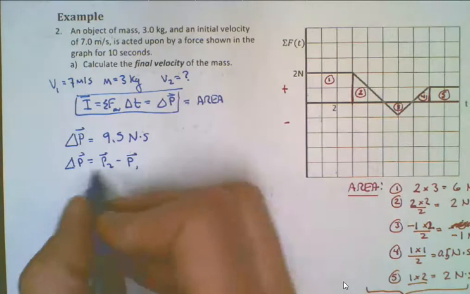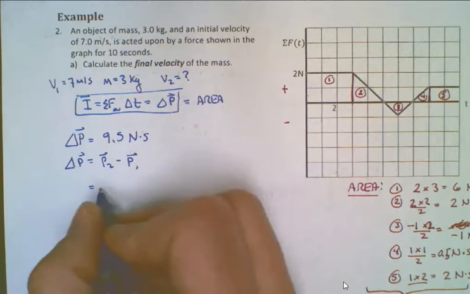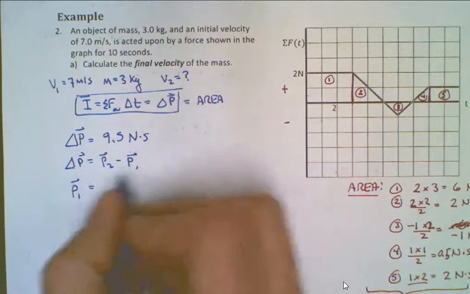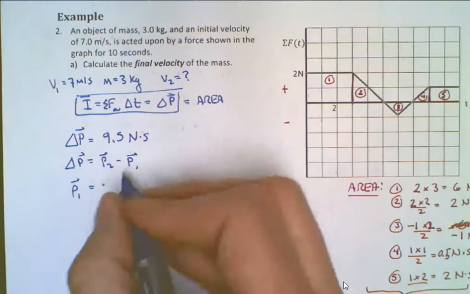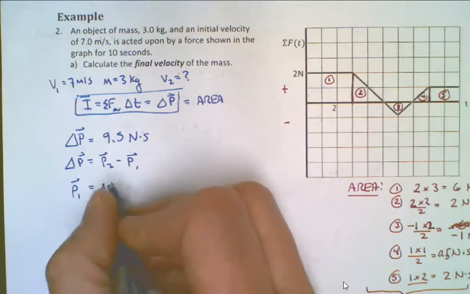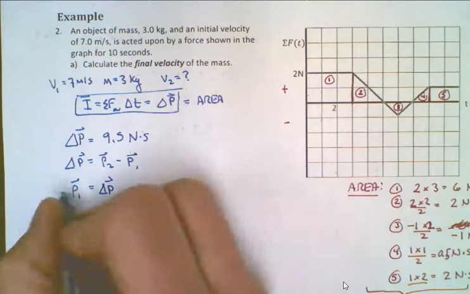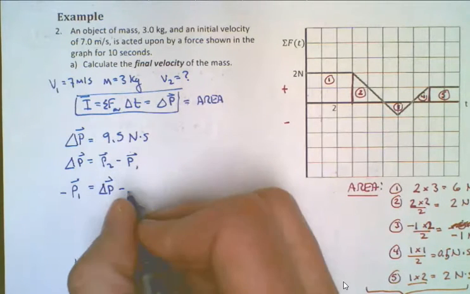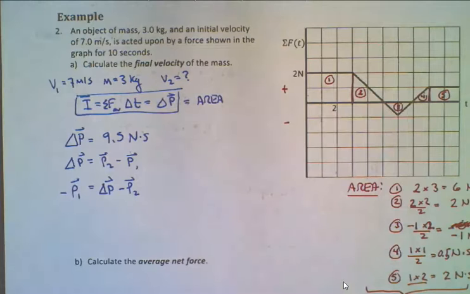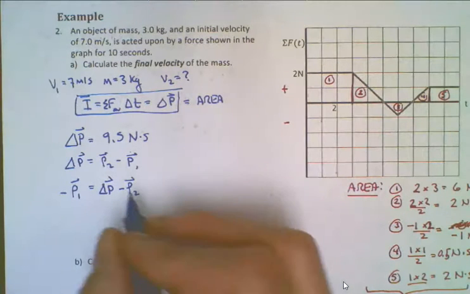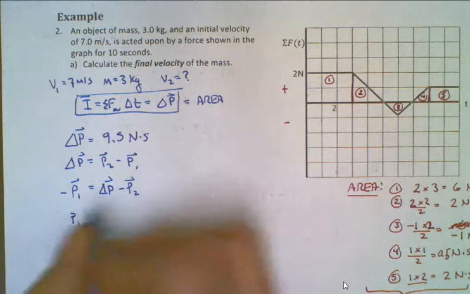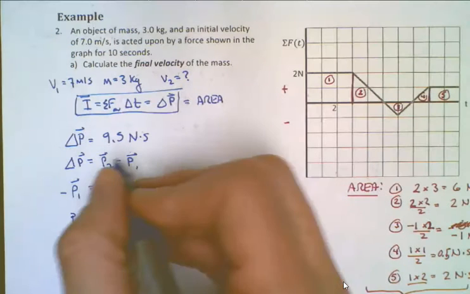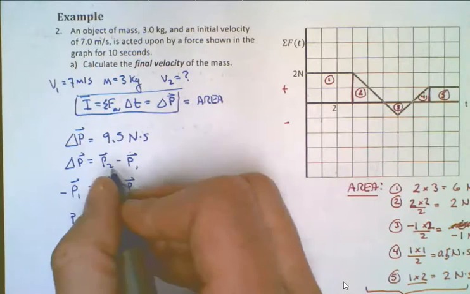So if we're trying to solve, we can rearrange for P1. Oh, we're trying to calculate the final velocity, so we're trying to find P2.